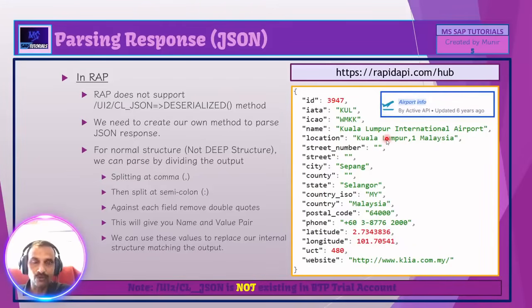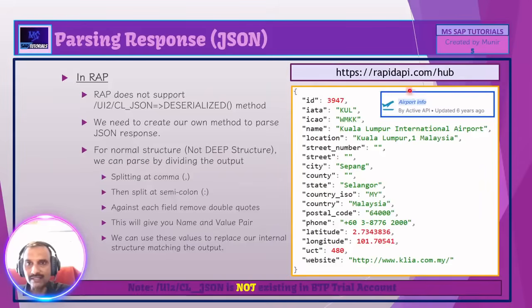You will have to log in with your email ID and it will give you one key. That key you need to use in order to call this. Using that, you have to pass the IATA, which is nothing but the airport ID, and it will give you the details of that particular airport: the name, location, street number, postal code, phone, latitude, longitude, website, all those things.